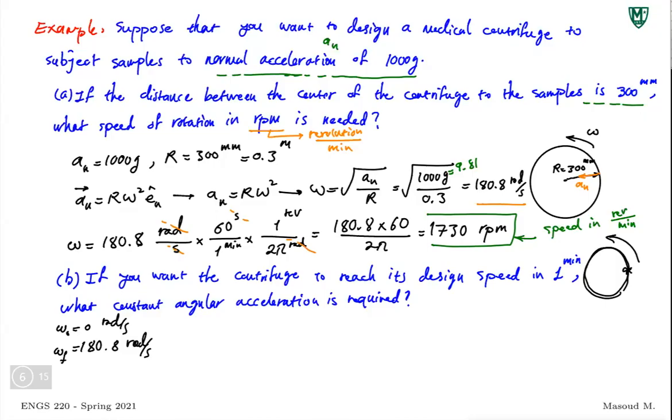The time to reach this design speed is 1 minute, which is 60 seconds. Now what we're looking for is alpha, the angular acceleration you need to reach that speed in 1 minute.